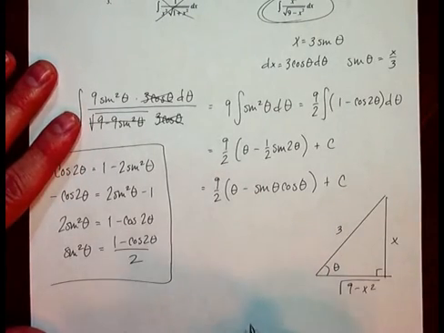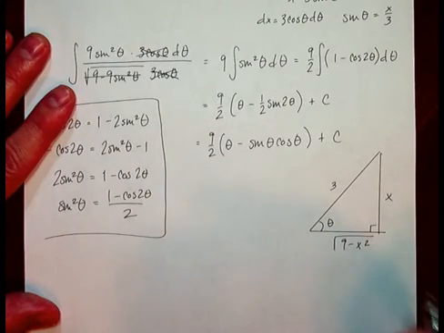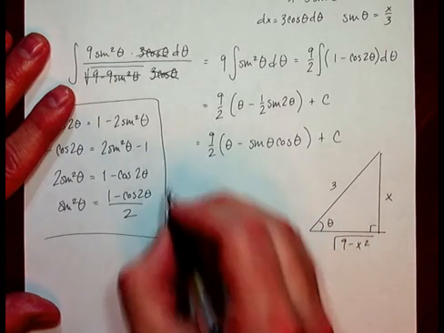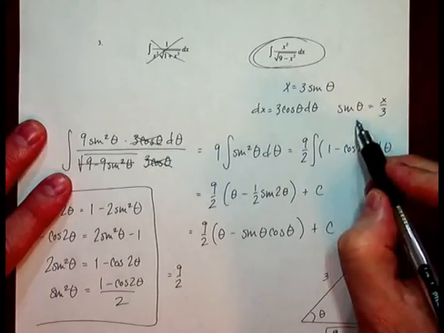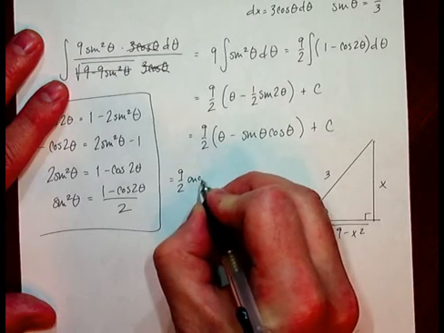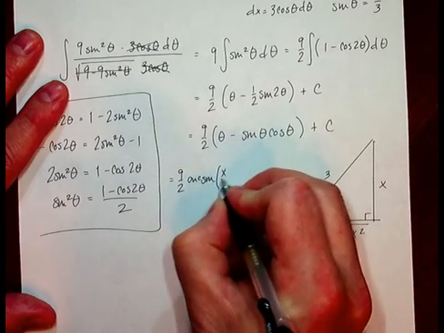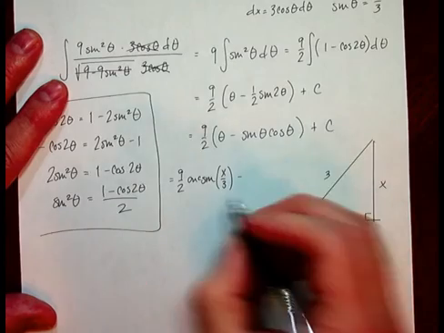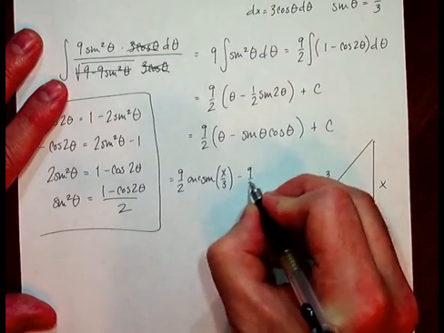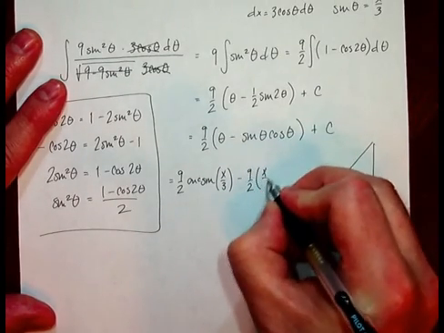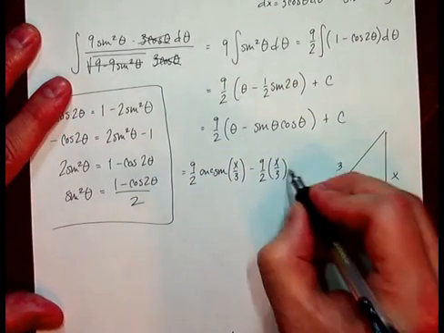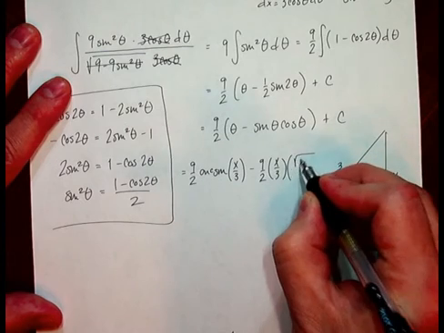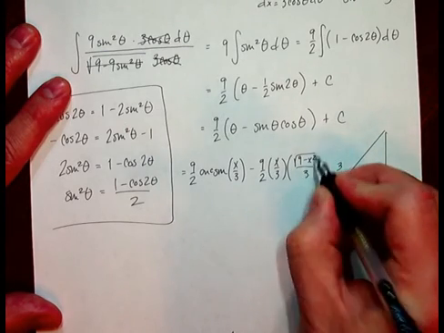That means that when we're dealing with this, I know that theta needs to basically become arc sine of x over 3. So this becomes arc sine of x over 3. And then we have minus 9/2. And sine, we already know, is x over 3. And cosine should be this radical over 3, so the square root of 9 minus x squared over 3, plus c.